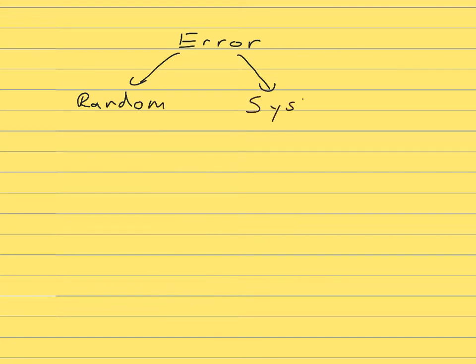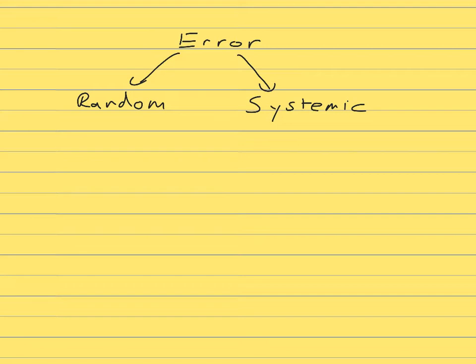We now need to define a couple other terms. There's more than one type of error. We can divide error into a couple different categories. We can define error into two broad categories: random error and systemic or systematic error.